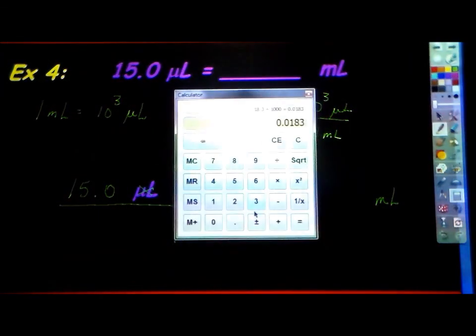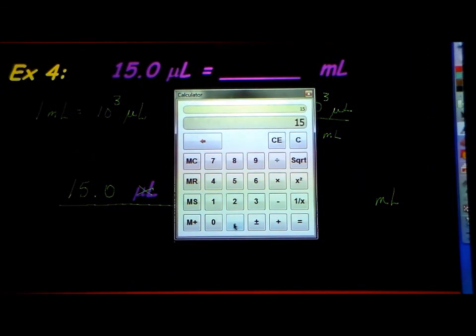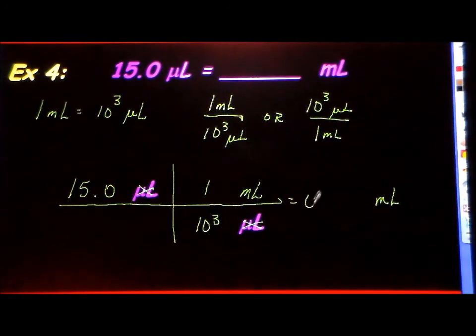And so I have 15. I don't need to put in the 0.0. It's not going to do anything. I need to consider it for significant figures, but not for typing buttons into the calculator. And I end up with 0.015, but that only has 2 sig figs.